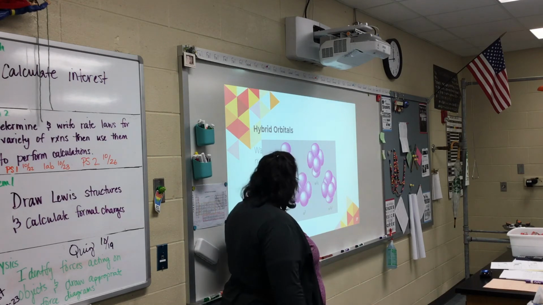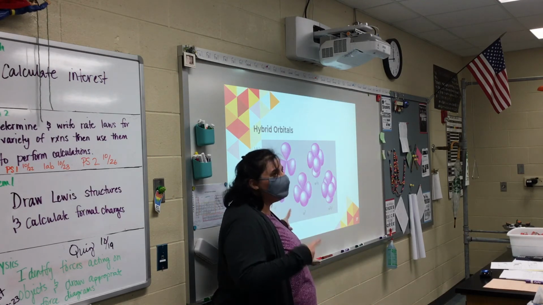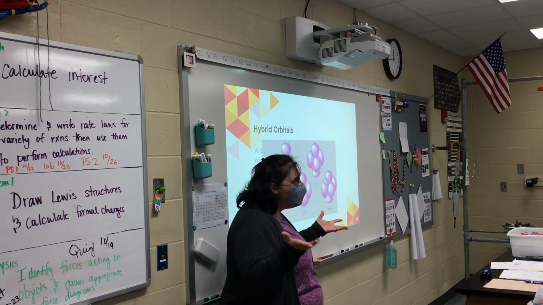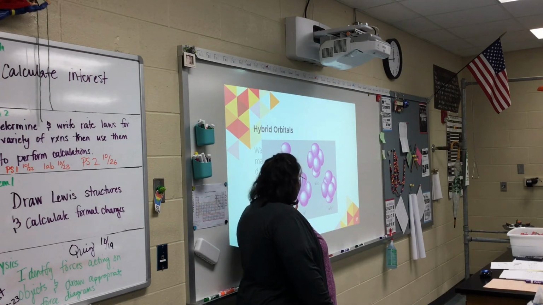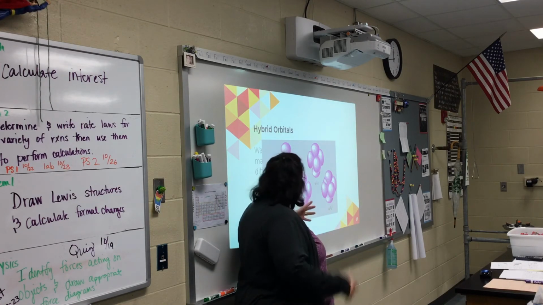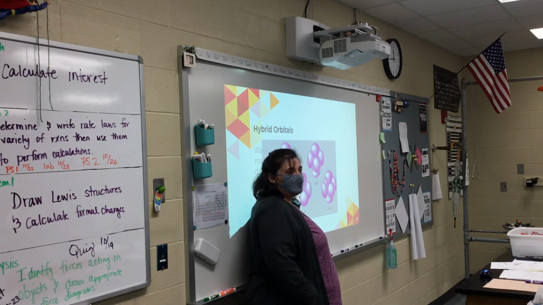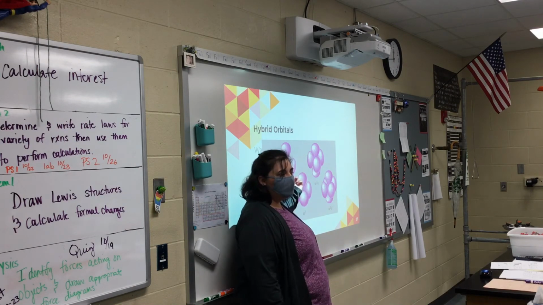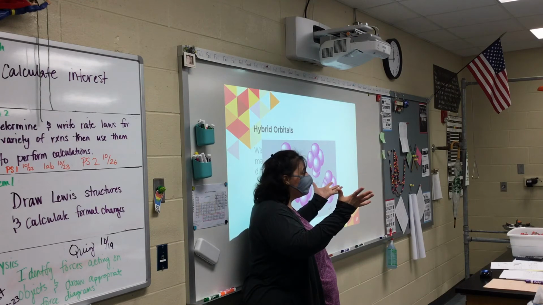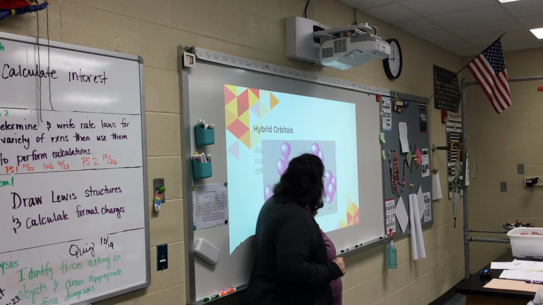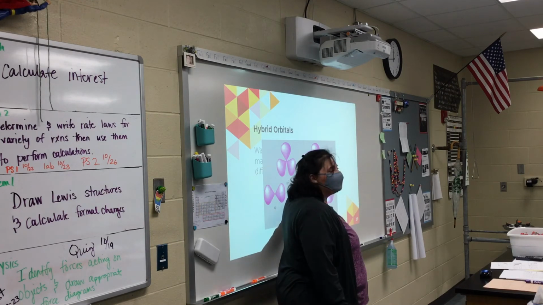Look at these exponents. We got a 1 and a 1. 1 plus 1 is 2, and how many do we get out? 1 plus 2 is 3, and how many do we get out? SP3D.